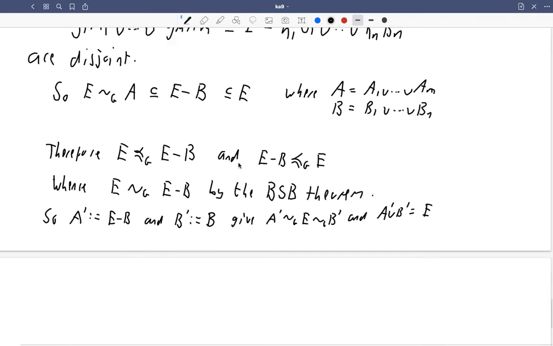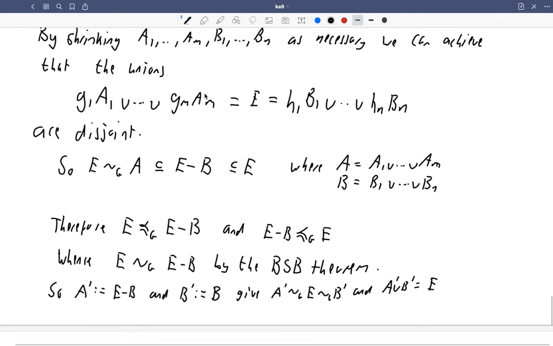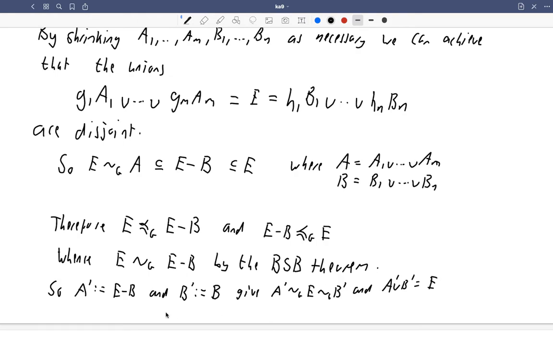So the A and B in the proposition are A prime and B prime that we have just defined. So as required.